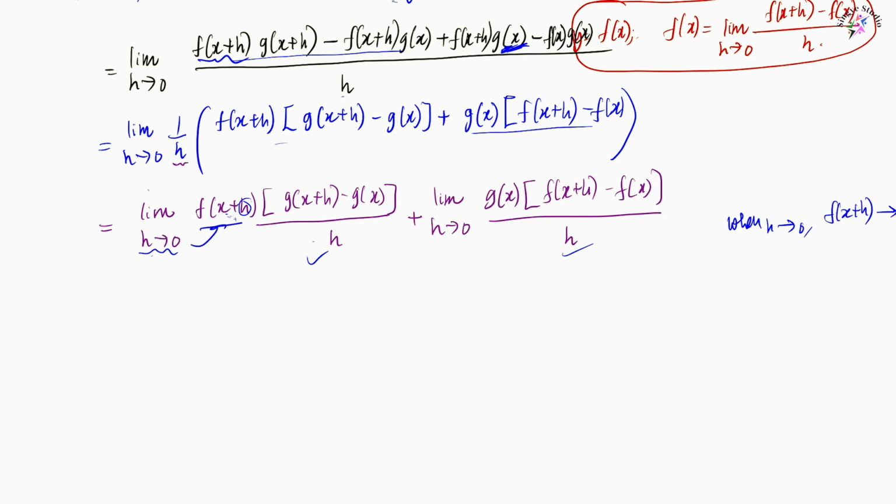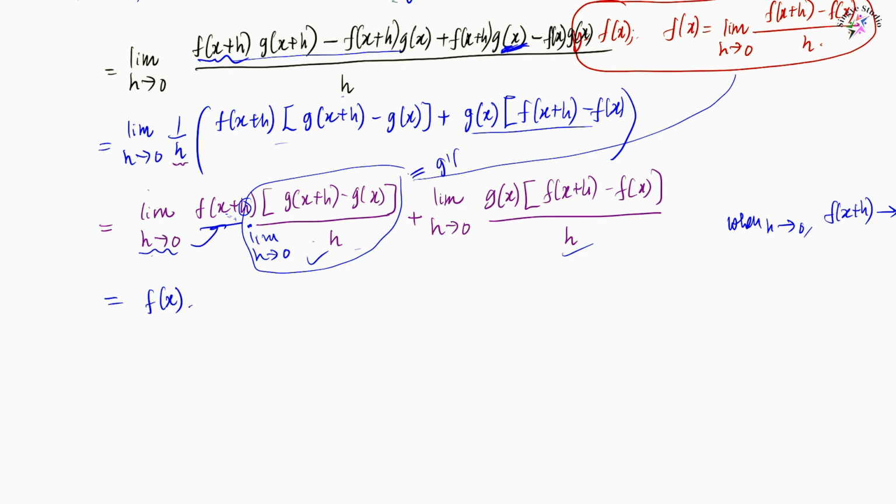So by applying this limit, we will get f of x times the limit as h approaches to 0, which is just the expression for the limit definition of the derivative, and this whole expression is just g prime of x.